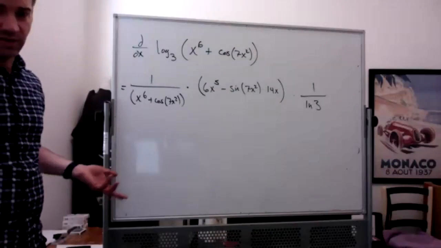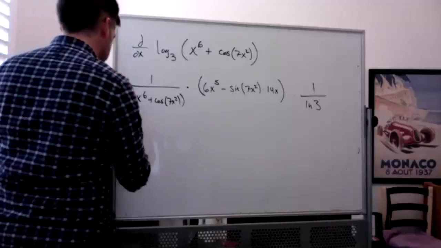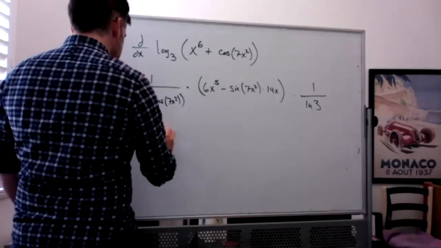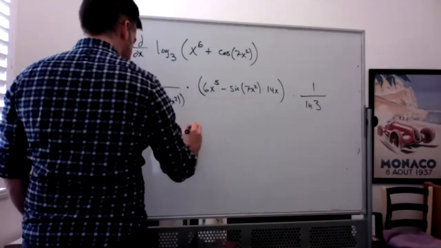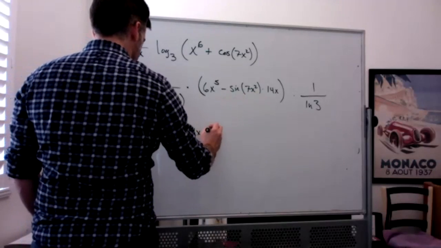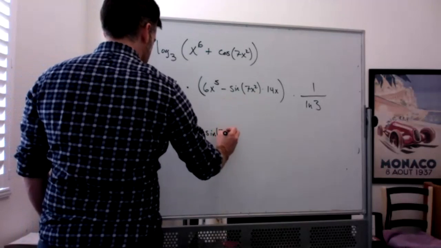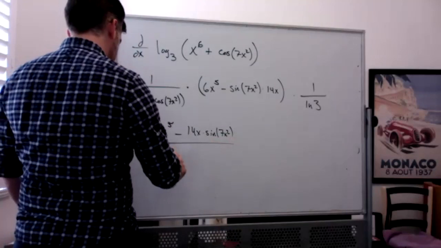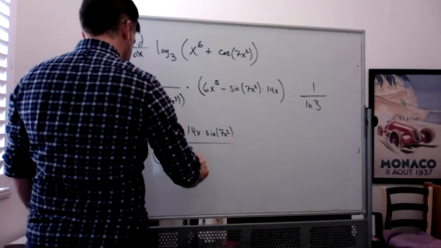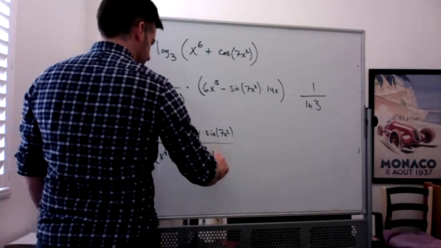I would probably put this all together in one expression. I would write this as 6x to the 5th minus 14x times the sine of 7x squared, all divided by x to the 6th plus cosine of 7x squared times natural log of 3.